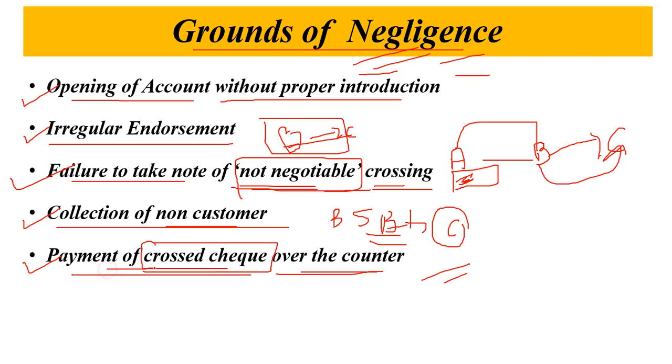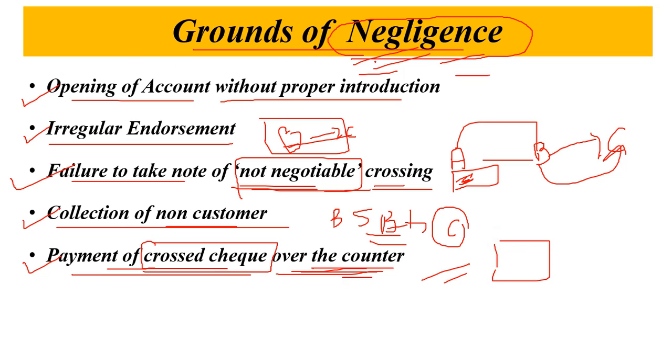And if the payment of this crossed check is made over the counter, in the bank itself, the person goes and gives the check and immediately gets the money, then it becomes negligence by the collecting banker. Crossed check means the amount of that check should be credited in the specific person's account only. It should not be given over the counter, meaning it should not be given at the bank counter.